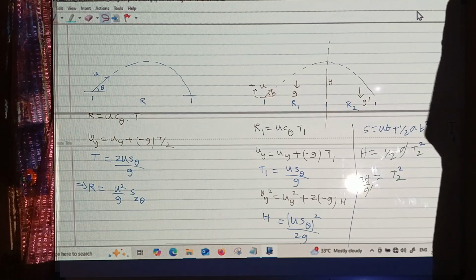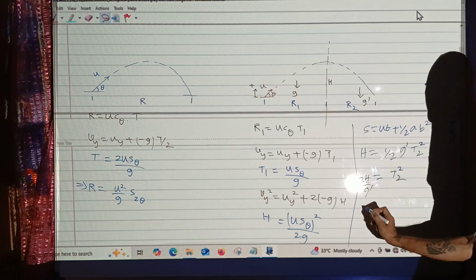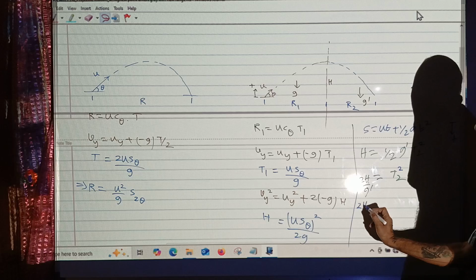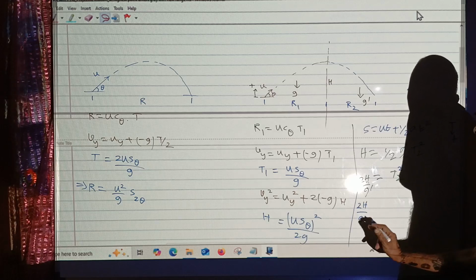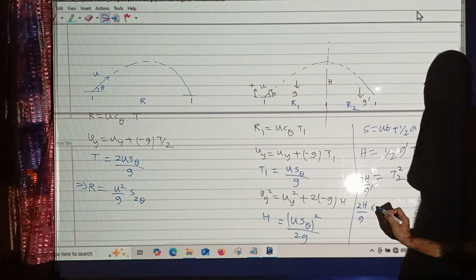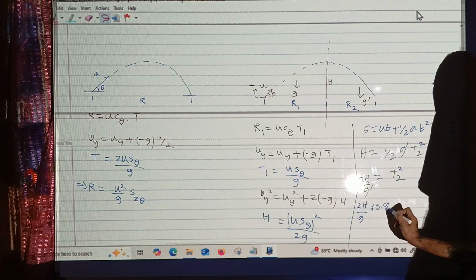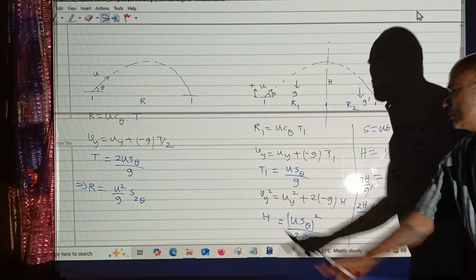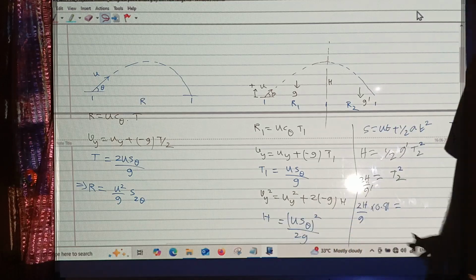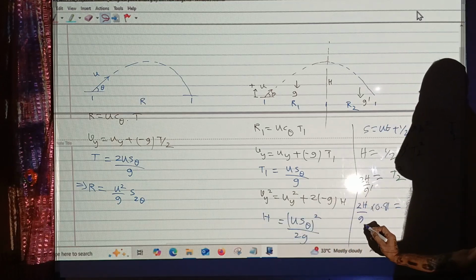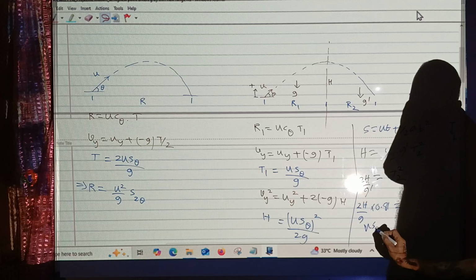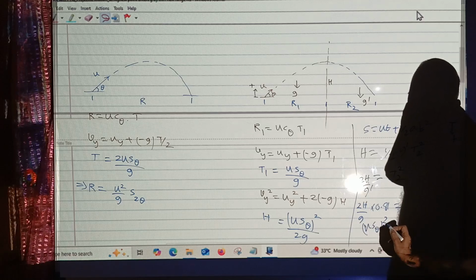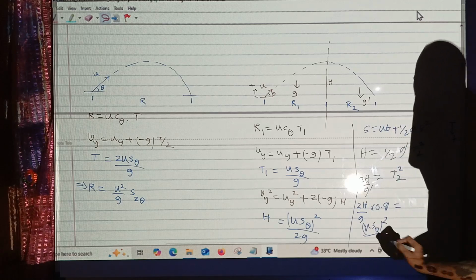So this is 2h by g by 0.81, where 0.81 will go up. That's equal to T2 square. And 2h by g is u sin theta square by g square.